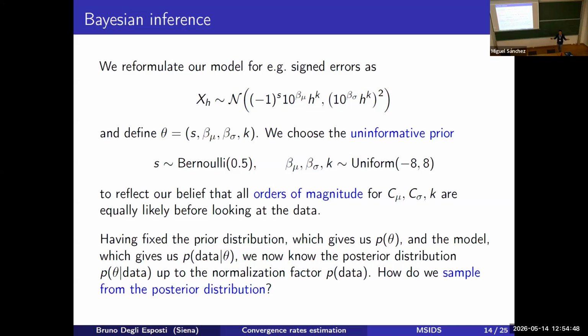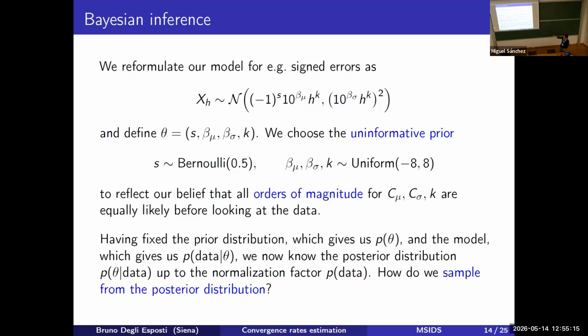And we have no idea what the convergence order might be. We have no idea what the constant in front of h to the k might be. So we just say, oh, well, it could be uniform. It could be anything. Everything is equally probable. k could be -8, -7, -6, and so on, all the way to 8. But this is an arbitrary cutoff. It could be 12 or 16.